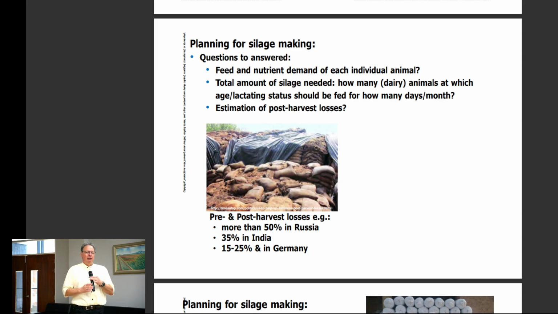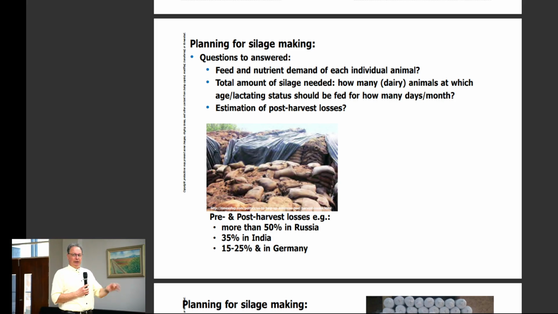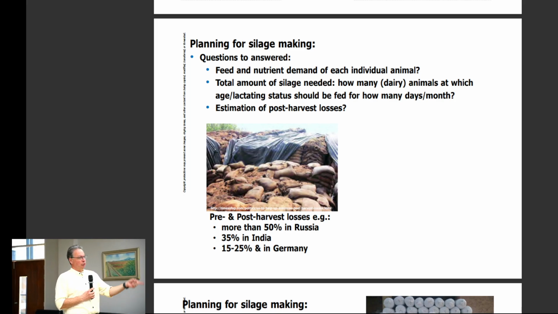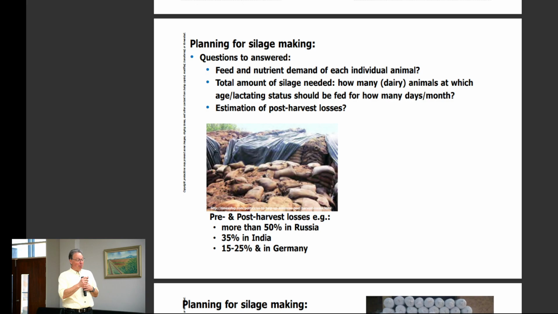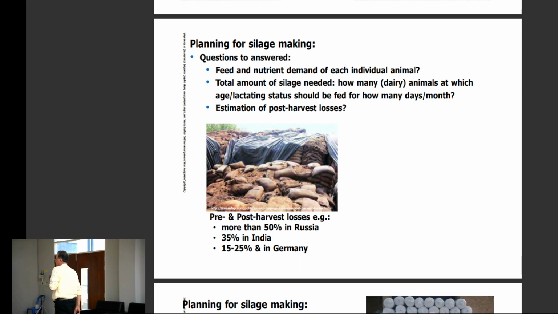That means 30% of the money you put in your product, the corn, is lost. It also means you need one third more area to produce the same amount of food. So it's very important to realize it's really your money that's gone if you don't take this into account.